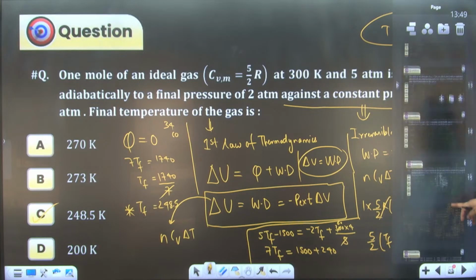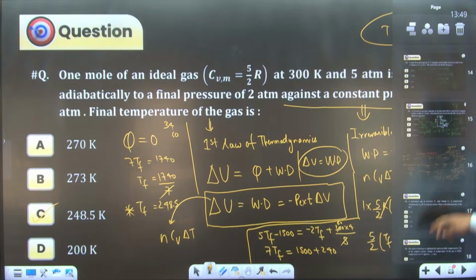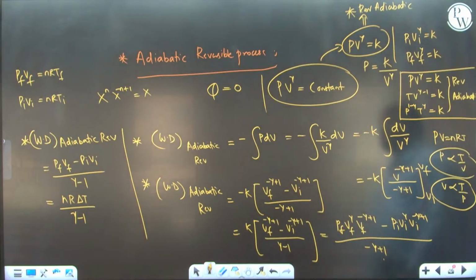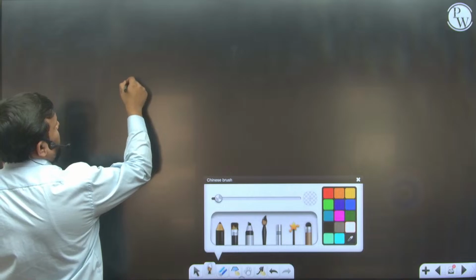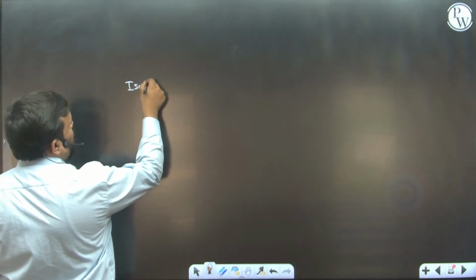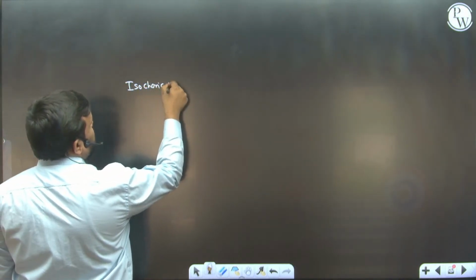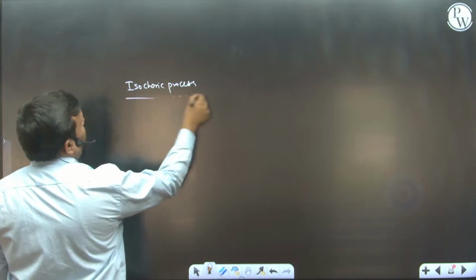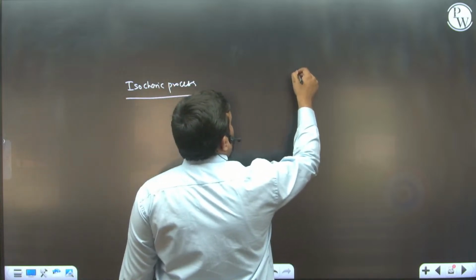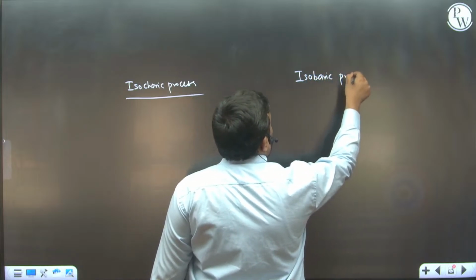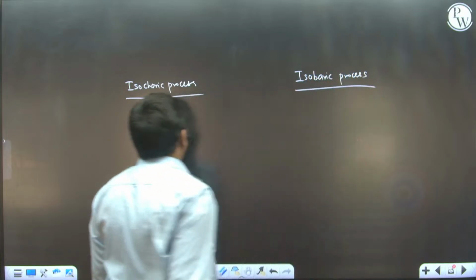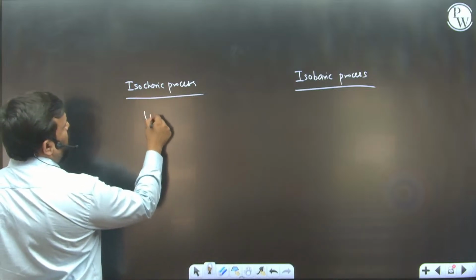Let us move forward now. So this was the adiabatic process which we studied. The remaining processes are isochoric process and isobaric process. They are very simple ones. Isochoric process, we know, volume is equal to constant.